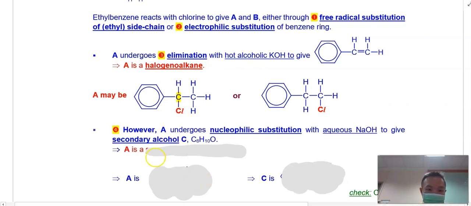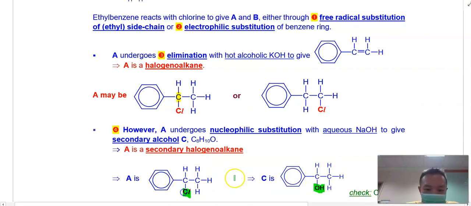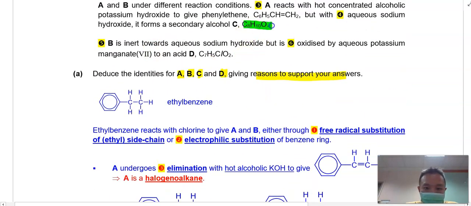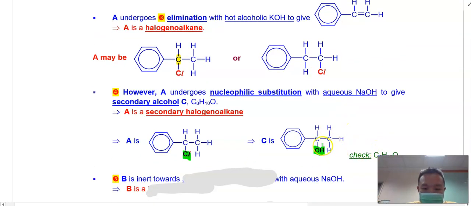So A itself must be a secondary halogenoalkane in order to give a secondary alcohol. And therefore, the structure of A is this, and correspondingly, C must have the OH at the secondary position. So you need to check for C. For C, the formula is given, C8H10O, so you check the formula of C8H10O. So 8 carbons, 5 hydrogens here, plus 5 on the ring, and then 1 oxygen.